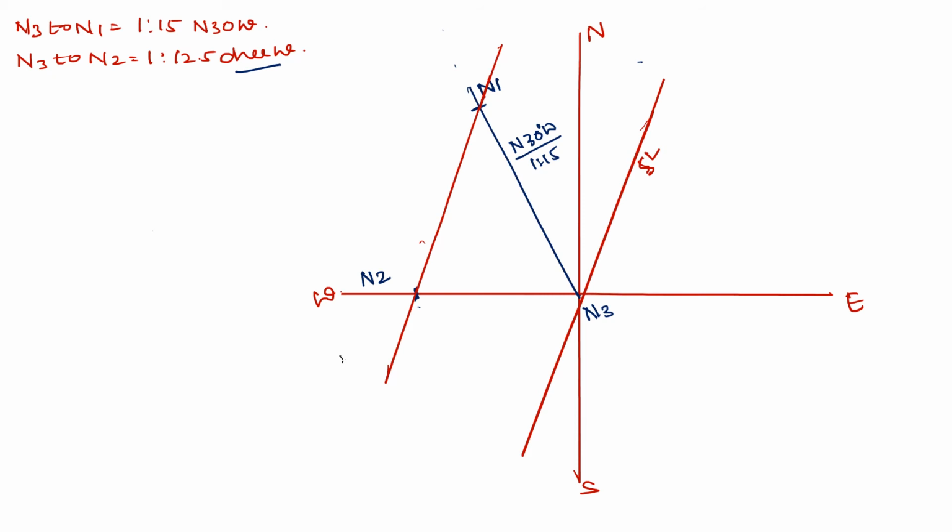So this will be my perpendicular line. I'll make 90 degrees at this point. I'll name this point as A.